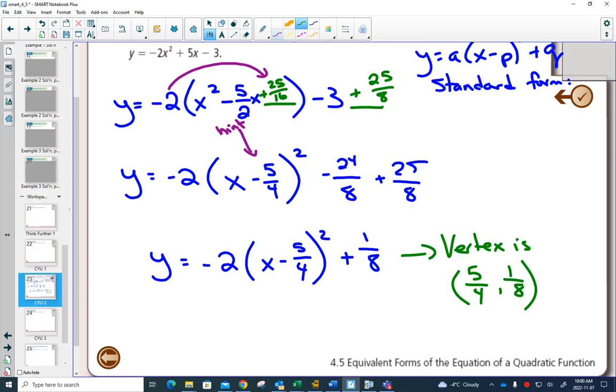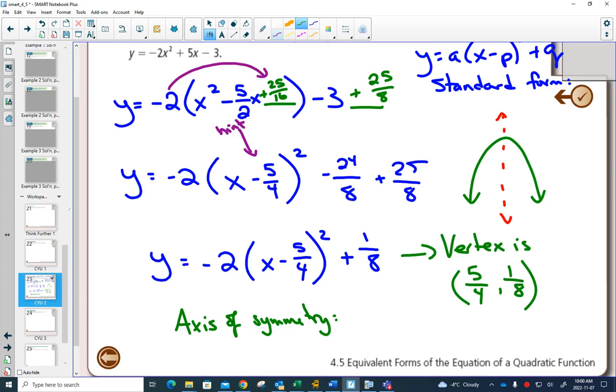Okay? What did the question ask us for? It asked us for the axis of symmetry. The axis of symmetry is the dotted line around which the parabola is symmetrical. Now I drew my parabola upside down this time because my a value was negative.